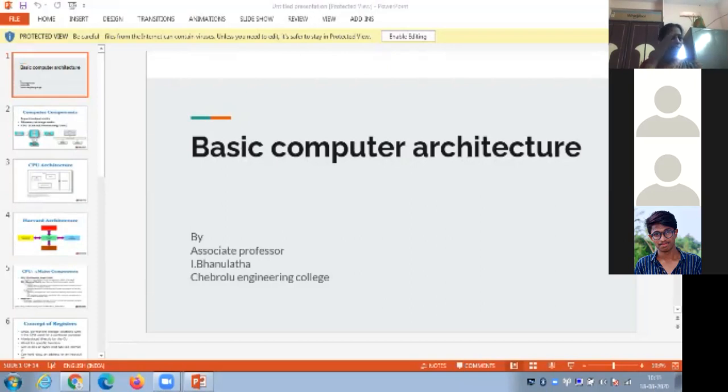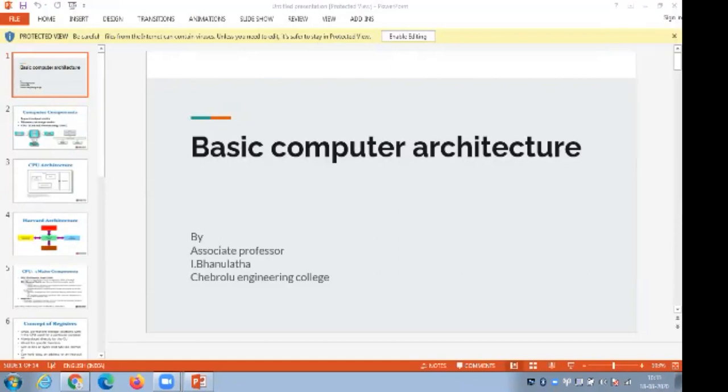Yesterday we completed the first two topics about the introduction of CAD and CAM, and the product life cycle, which is executed manually as well as using computers.